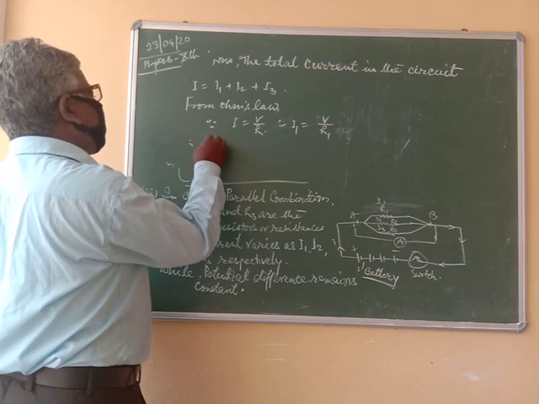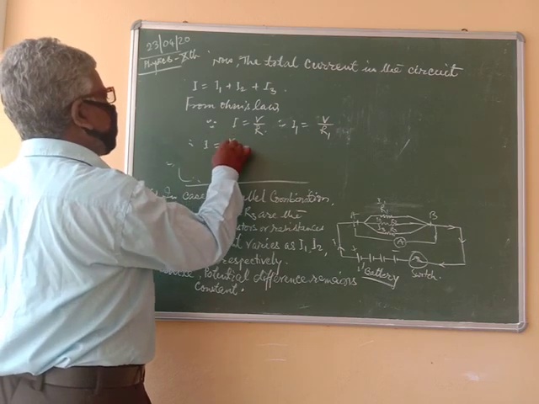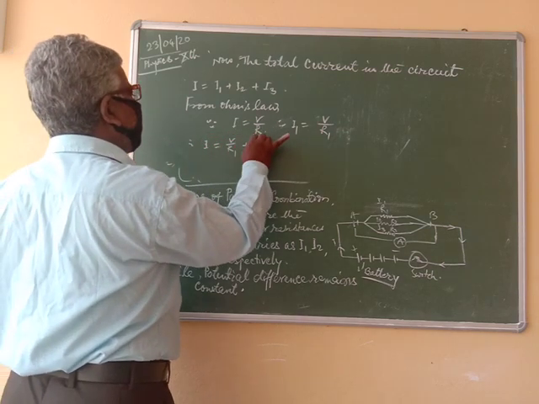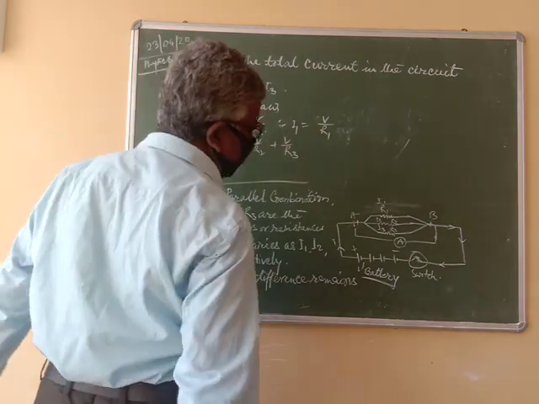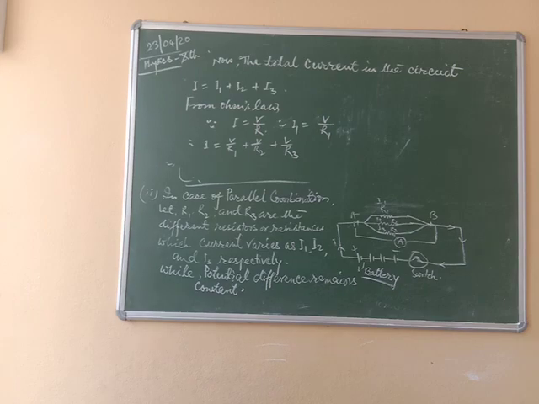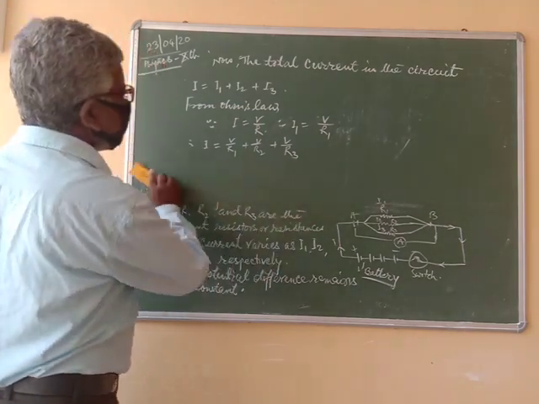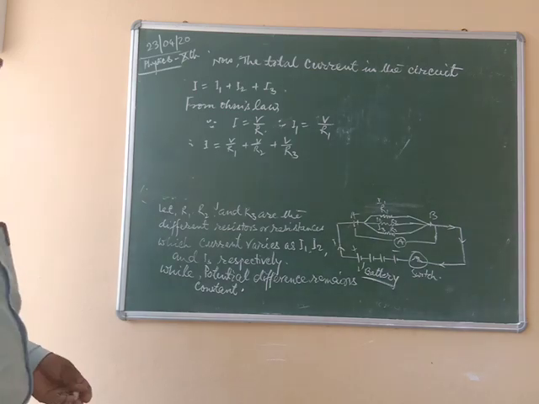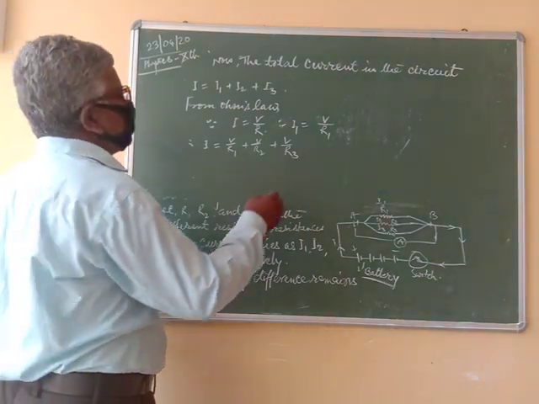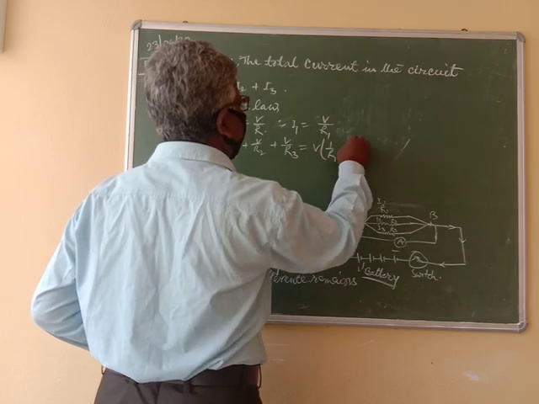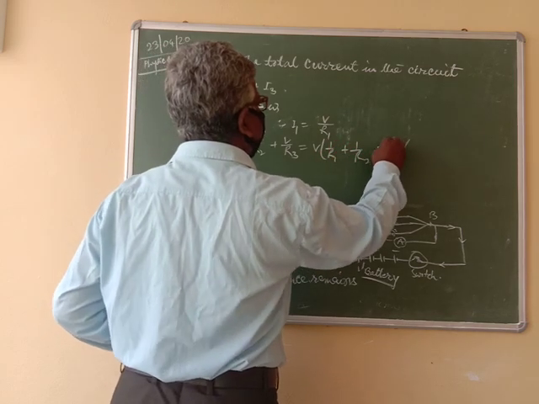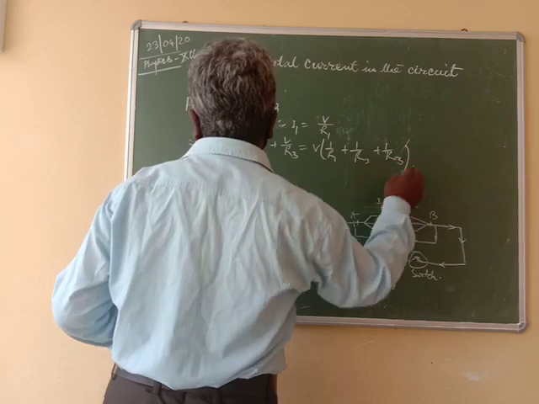Therefore I is equal to V by R1 plus V by R2 plus V by R3. Now V is taken as common: I is equal to V by R is equal to V times 1 by R1 plus 1 by R2 plus 1 by R3.